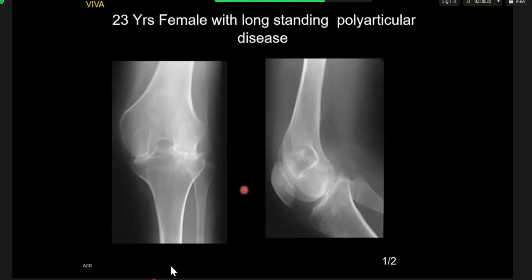In addition, on the lateral radiograph, there's probably some degenerative changes around the patellofemoral joint also. On the first image, it looks like there's some erosions around the lateral femoral condyle, which is also smaller than the medial side.